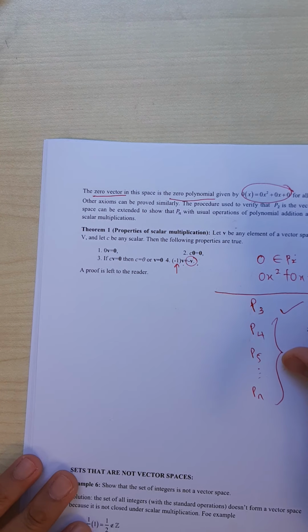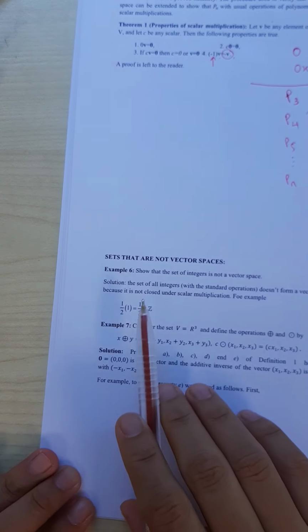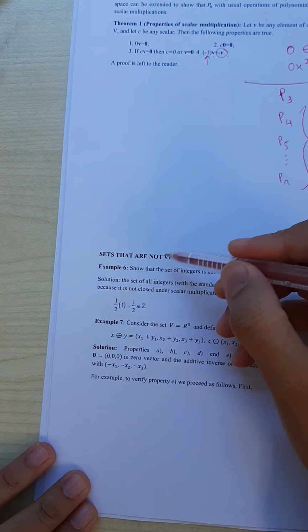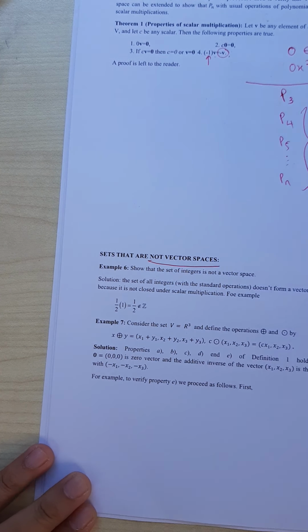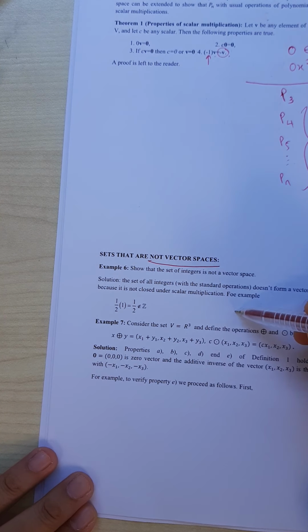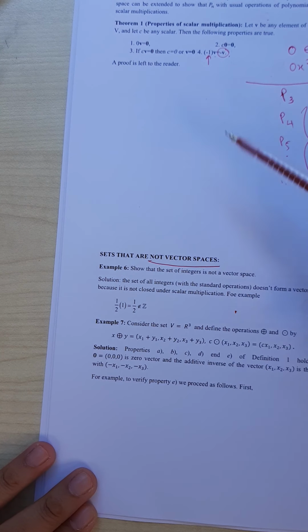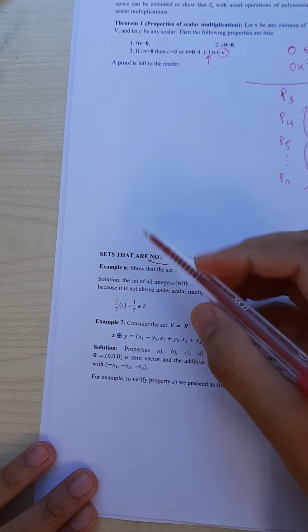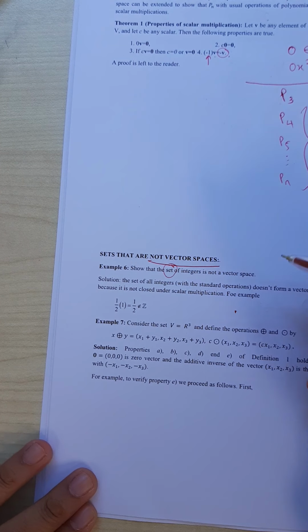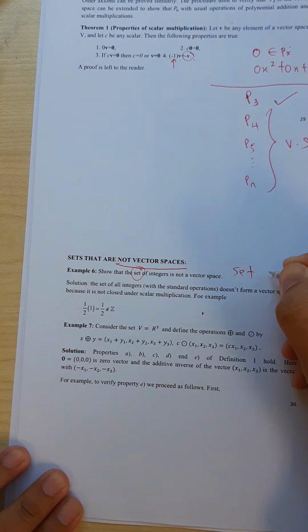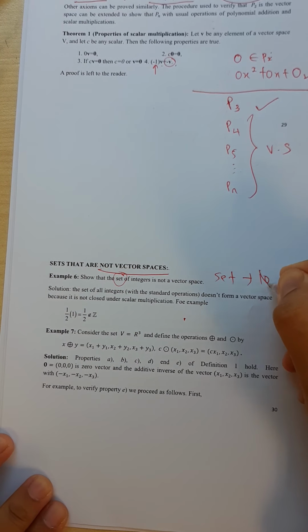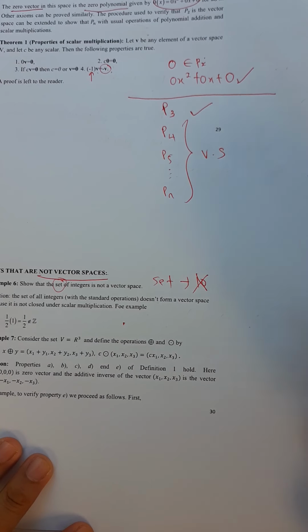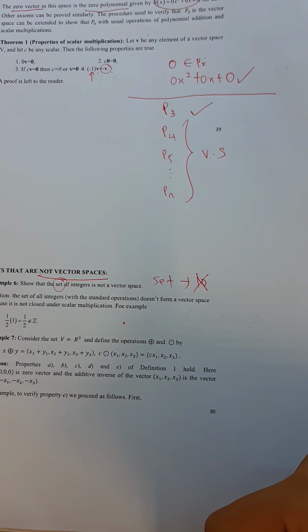Okay, so we also had a look at sets that are not vector spaces. We have seen multiple examples in class last week where some of the sets given to you are not vector spaces. If the set given to you doesn't satisfy the 10 properties, it doesn't mean that it fails all 10 properties.